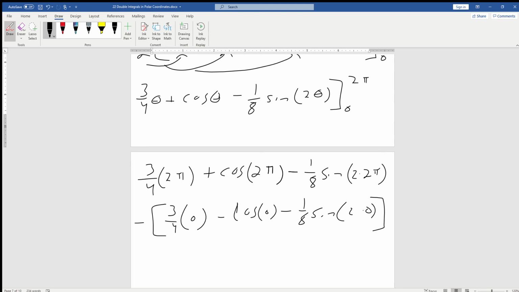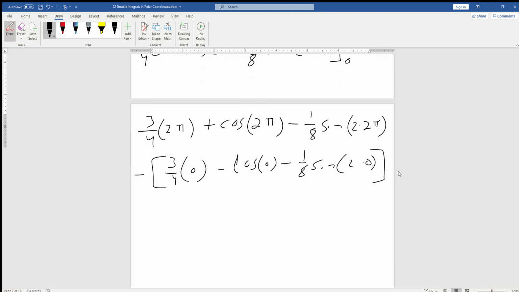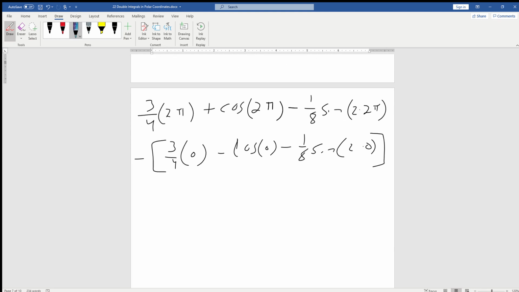Now it's trig time. Good news is, a few of these are going to go away inherently. 3/4 times 0, that's just 0. The negative 1/8 sine of 2 times 0 becomes negative 1/8 sine of 0, and that goes away because sine of 0 is 0.